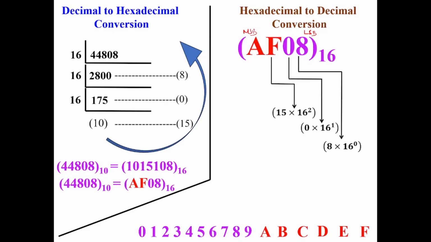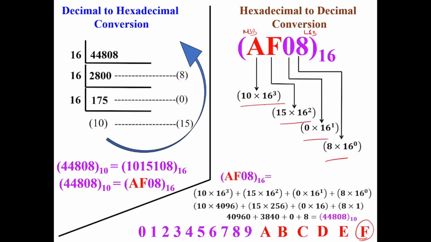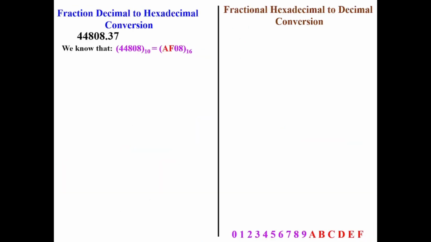F means 15, so 15 is multiplied with 16 to the power 2. A means 10, so 10 is multiplied with 16 to the power 3. Now we add these values and we get the same number, 44808. Here it has been verified. Now we go for fractional decimal to hexadecimal.